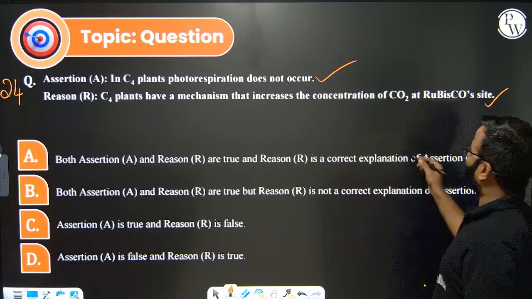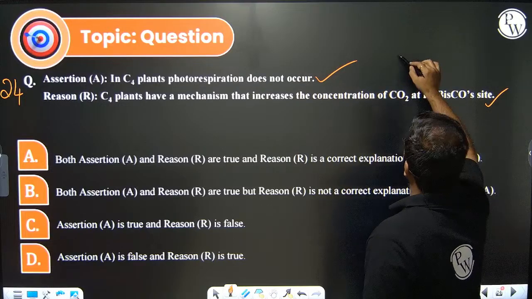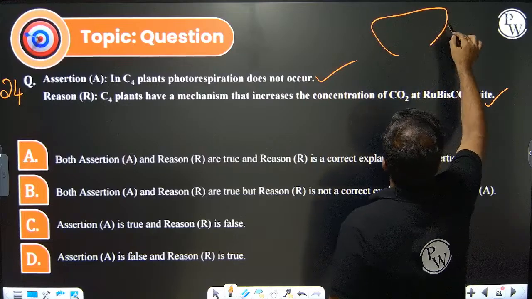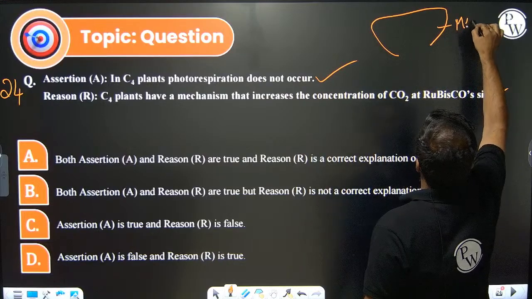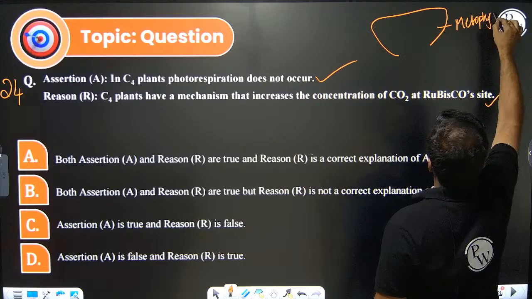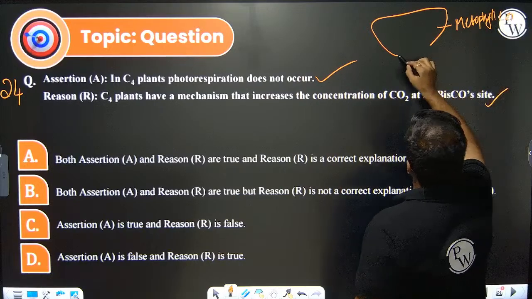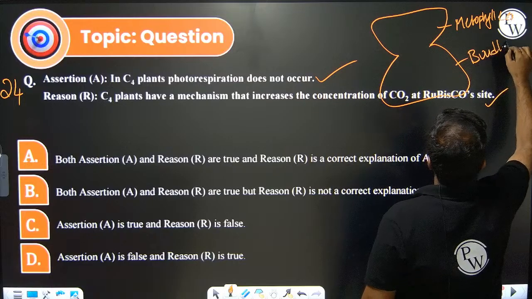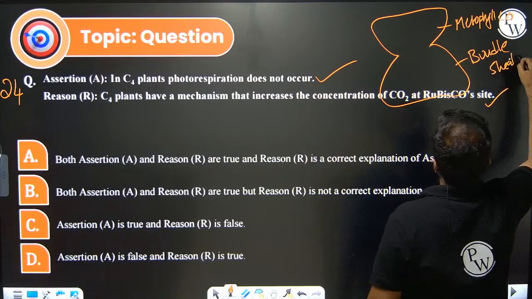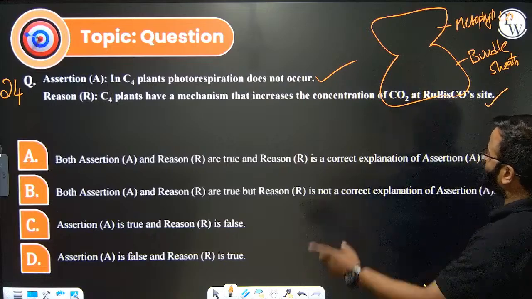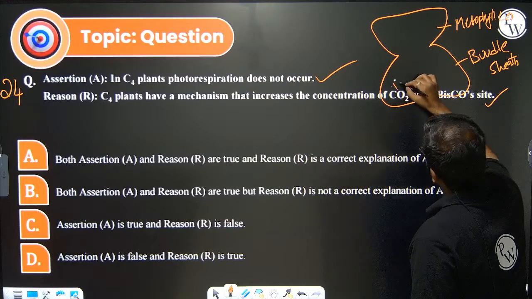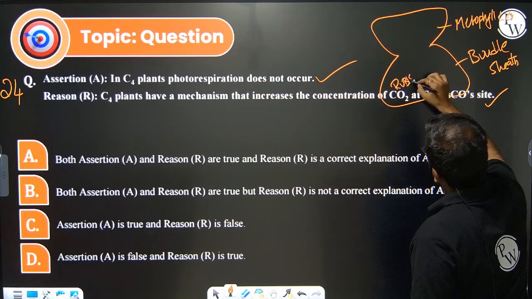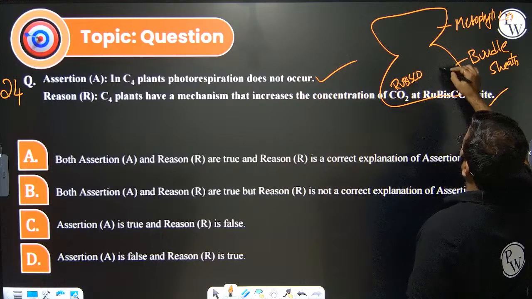Okay, from the previous slide, I would like to take the diagram once again. This is your mesophyll cells. This is our bundle sheath cells. So where is rubisco present? In the bundle sheath cells. How is it safe from oxygen?